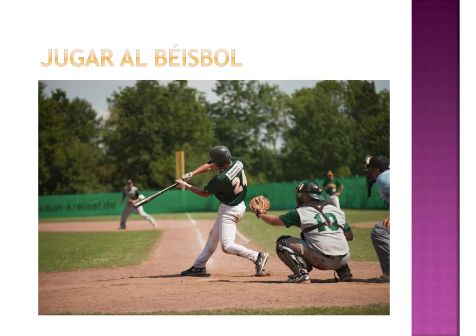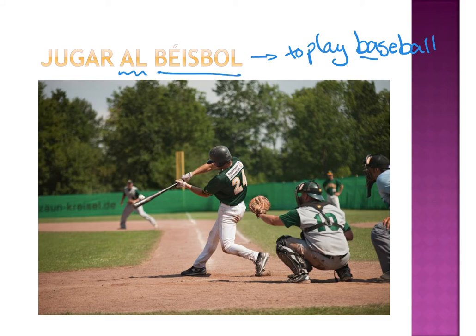Okay, the thing you need to know about the word jugar, which means to play, is that when we're talking about all the different sports you might play, you'll use a form of jugar, and then you'll use al, and then you'll use the name of the sport. So jugar al béisbol means to play baseball. Notice the spelling on baseball. It's not the same as in English.